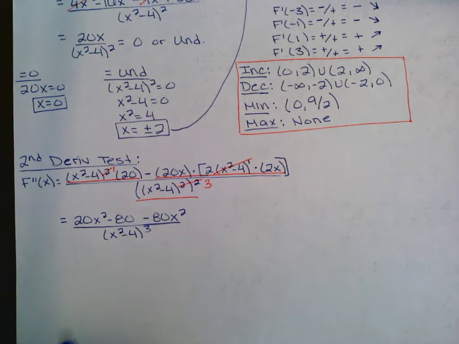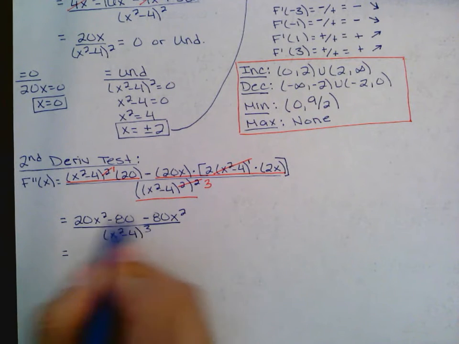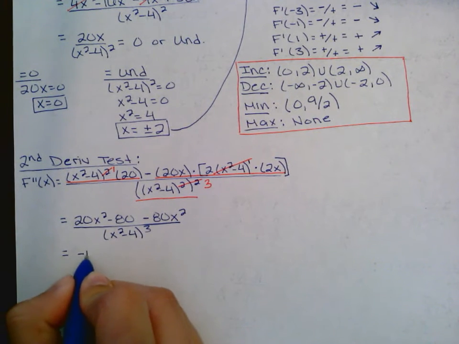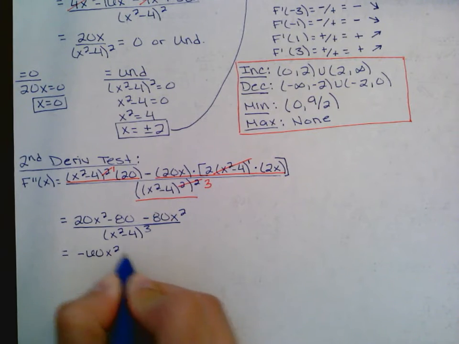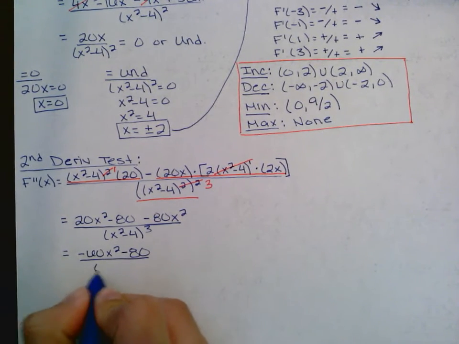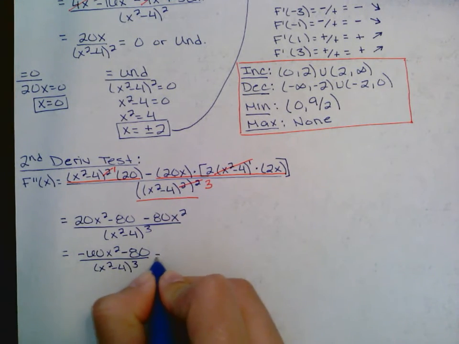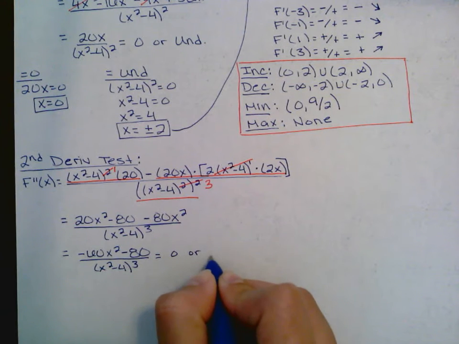And I'm going to clean one last time. When I combine these two, I have negative 60 x squared minus 80 over x squared minus 4 to the third. I need to set this equal to 0 or undefined.